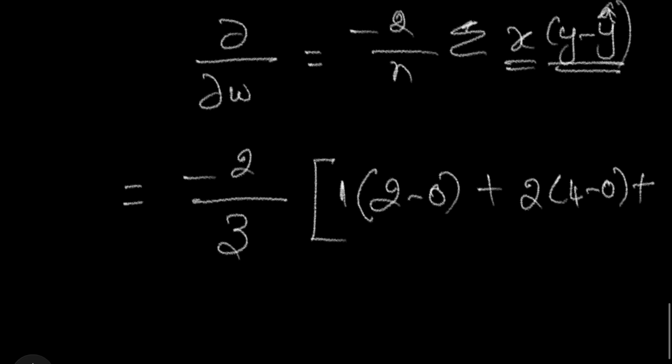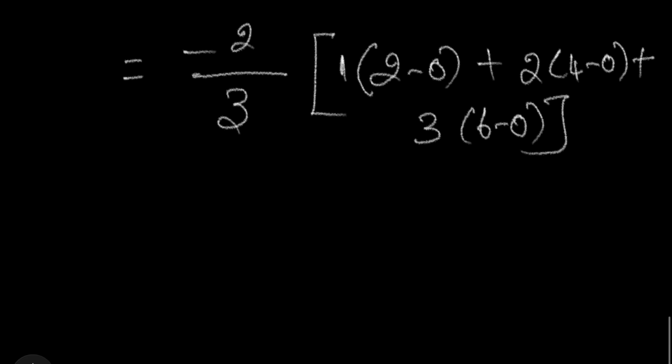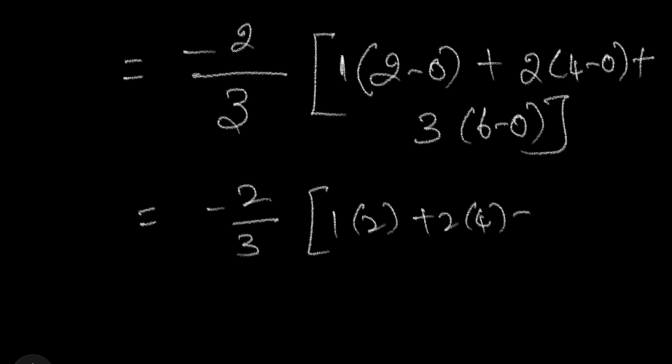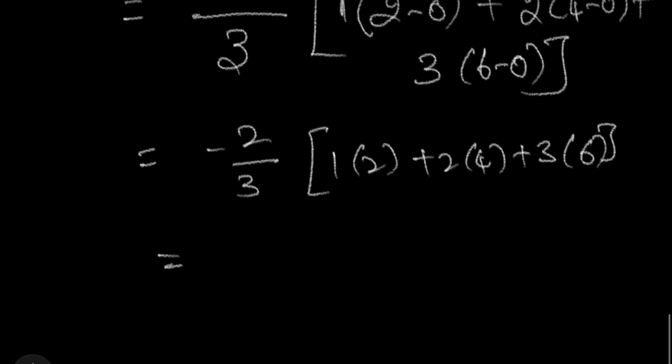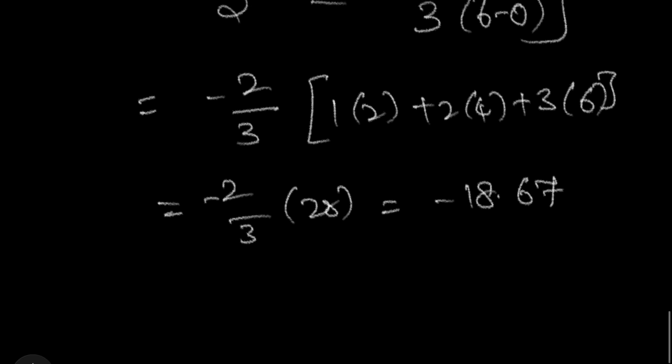If I compute this, I get minus 2 by 3 into (1 into 2 plus 2 into 4 plus 3 into 6). This gives me minus 2 by 3 into 28, which gives me minus 18.67.